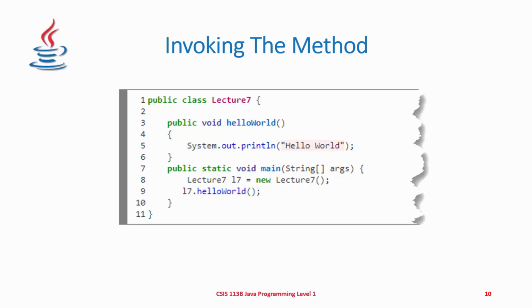Notice you call it by name, and you also have the empty parentheses there, and since it's a single statement, you end it with a semicolon. I should point out too, when you're looking at the name, notice that it's in camel case because it's a two-word name. The first letter is lowercase, and the second word, World, is uppercase. That's pretty traditional in Java for naming your functions, or your methods.